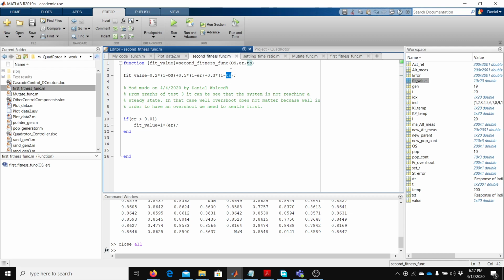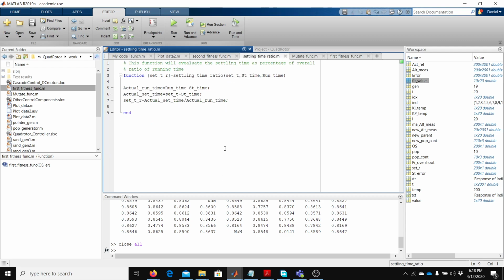In order to use it in the fitness value, we take a ratio, found using this particular formula. We know that our step system response from previous videos starts at 5 seconds. Initially, for 5 seconds we don't do anything, and then we run the simulation for a certain period of time, which is the runtime.